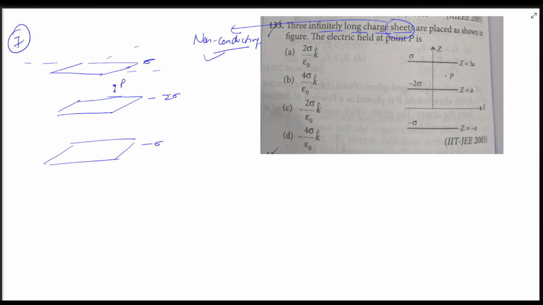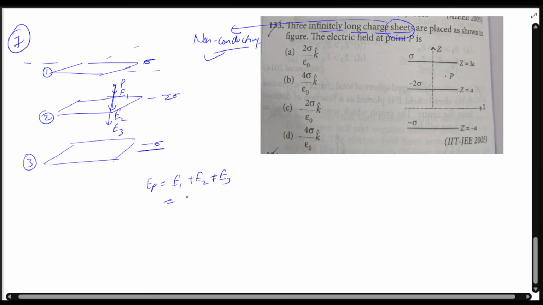Due to this, it will be here E1. Let's say this is the first sheet, this is second, this is third. Due to the second, the electric field will be in this direction because it will attract, and due to minus sigma, it will again be in this direction. So we just have to find the electric field at P by adding E1, E2 and E3.